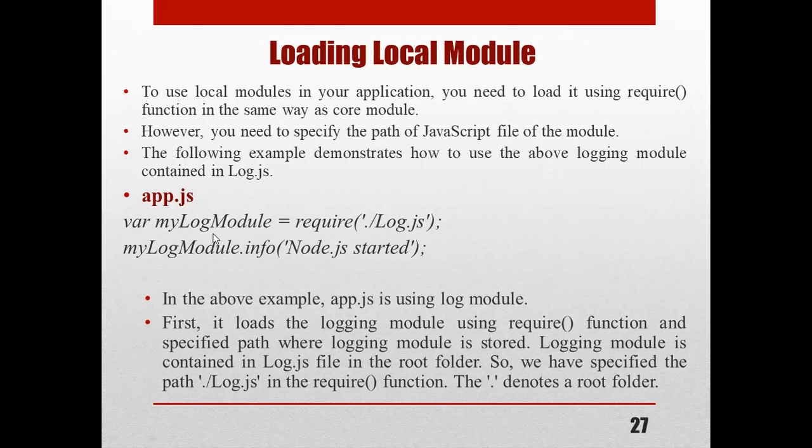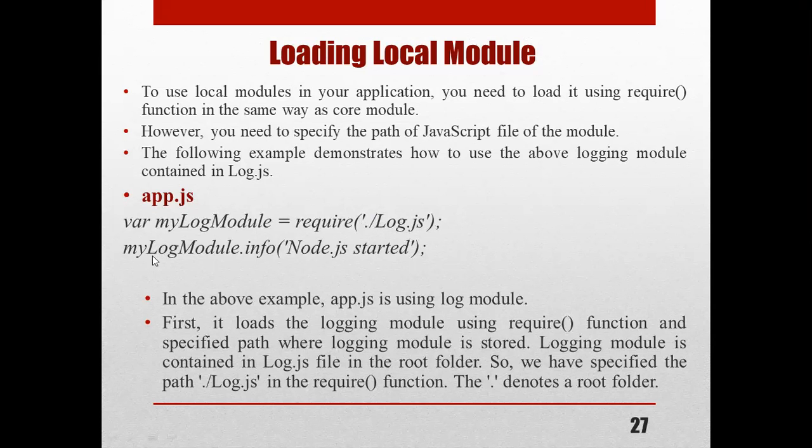Take one variable, my log module, and include that log.js local module in our application using the require function. In single quotes we have specified the file name. Before the file name you can see dot slash. Here dot denotes the root folder or root directory. So that is the path of the file.